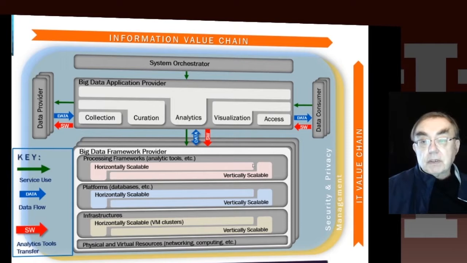We again have the consumer, the orchestrator, the provider, the framework provider, and the application provider. Here's where, if you like, the software is, the analytics and the algorithm. Here's where it all gets executed on horizontally scalable Hadoop clusters or whatever you want, or databases. You might expect to use virtual clusters made out of virtual machines and so on.